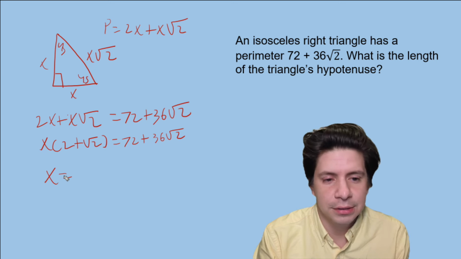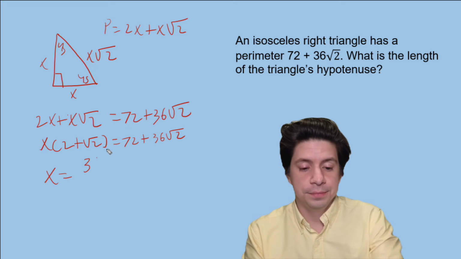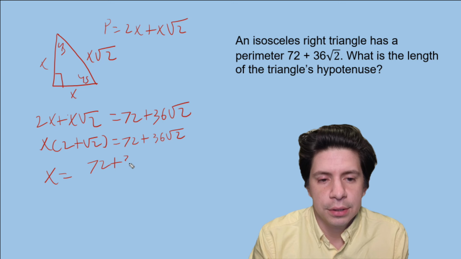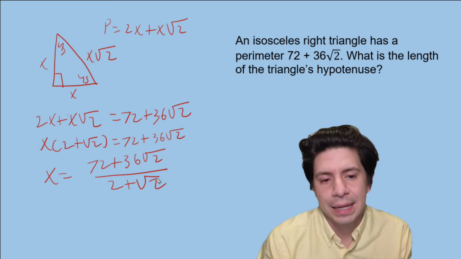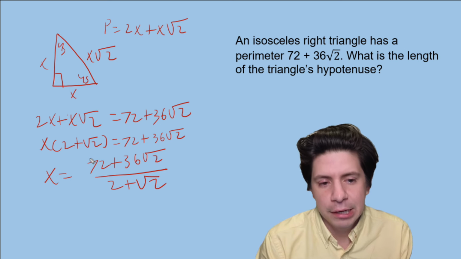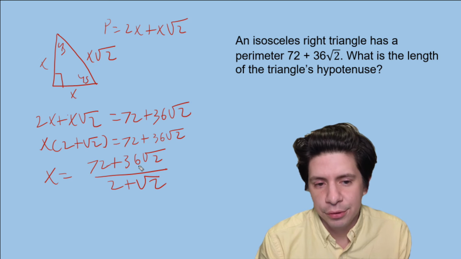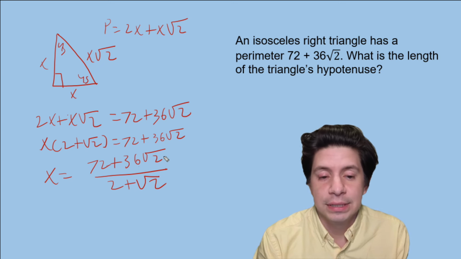And we're going to get x equals 72 plus 36 root 2 over 2 plus root 2, right? And then from there, what you notice is that 72 is double 36. 36 has a root 2 attached. So 72 equals root 2 times 36 root 2.